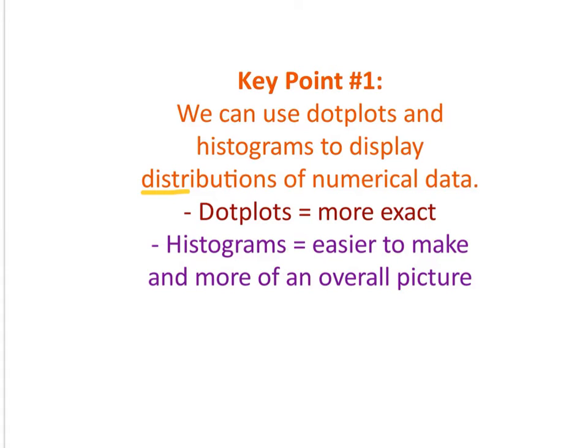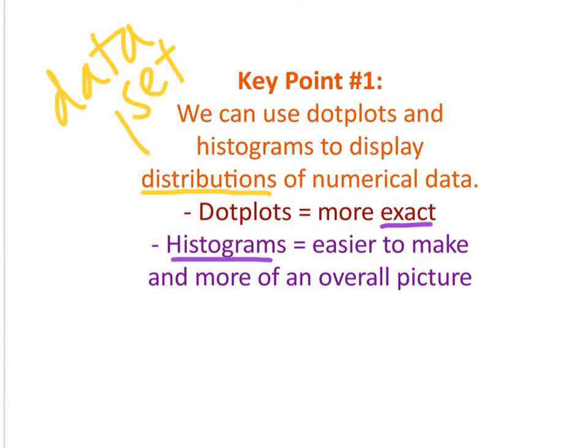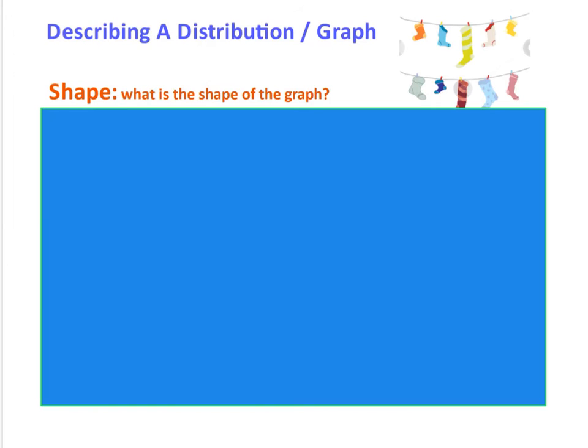We're going to see this word distribution a lot. Distribution just means data set. So dot plots are good, they're more exact, but they're not as good for larger data sets. So histograms are what we tend to make, or box plots, which is what we're going to make next class.